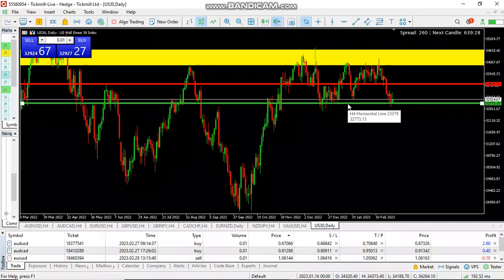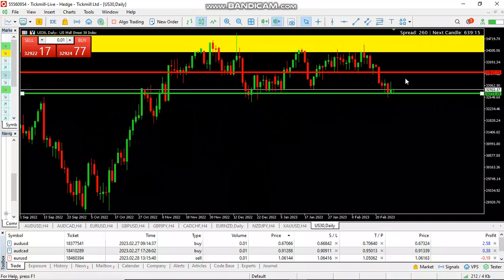Because this is the weekly supply and demand zone over here, I'm waiting to see a nice rejection, because if you look at it, you see these rejection candles coming from there. So it tells me the sellers are there with little rejection coming from the buying side.